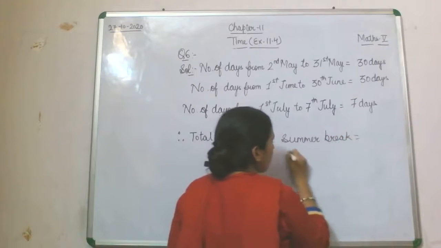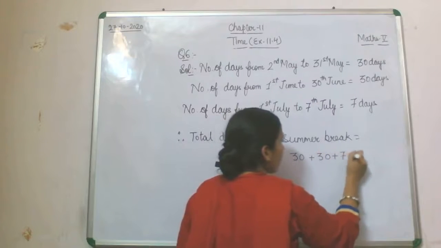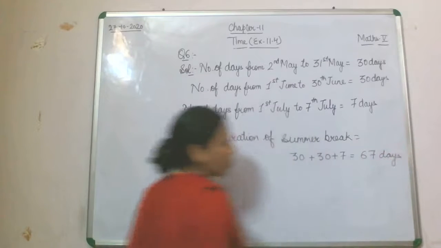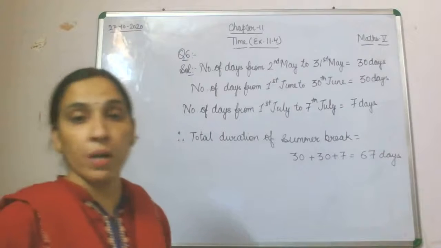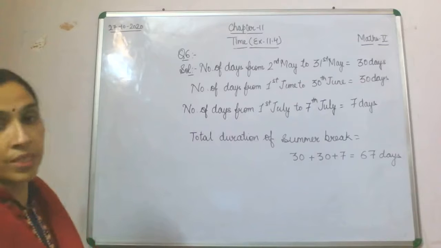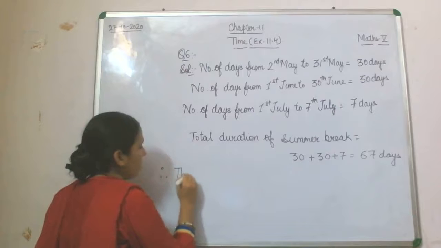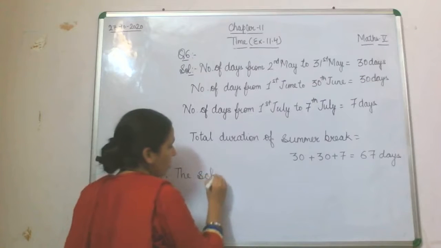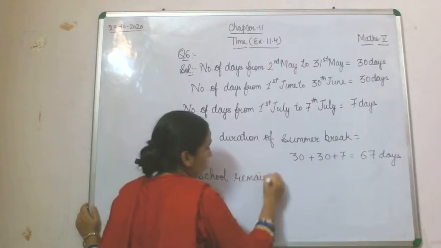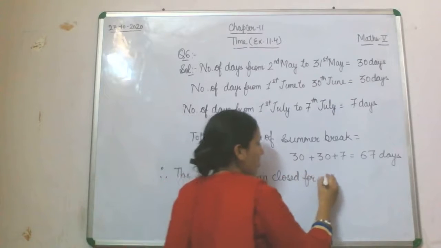That is 30 plus 30 plus 7. So here the total will be 67 days. That is your total duration, or you can write one more sentence for this: therefore, the school remained closed for 67 days.